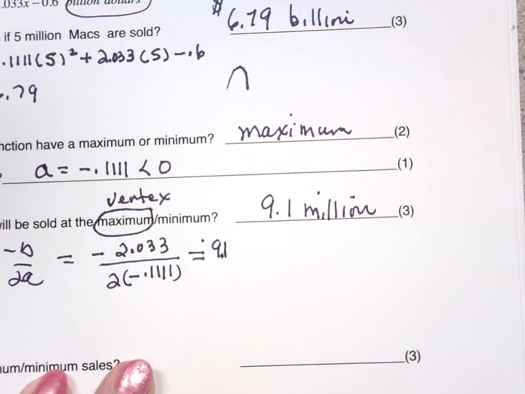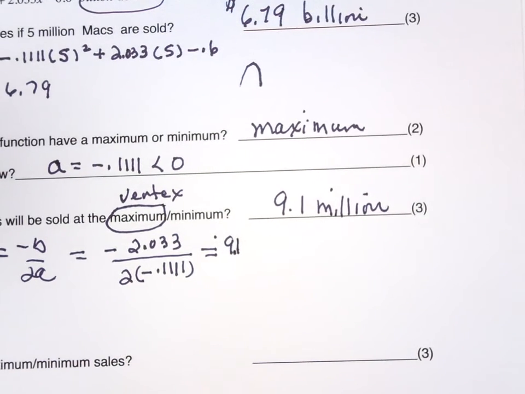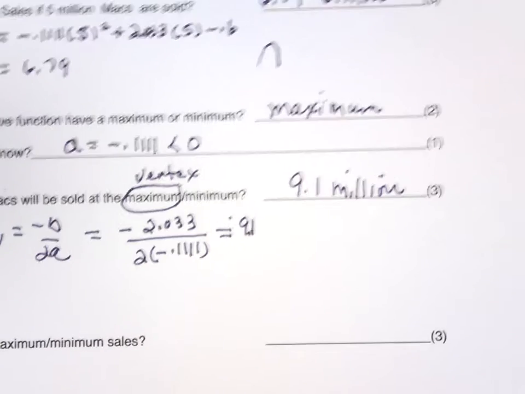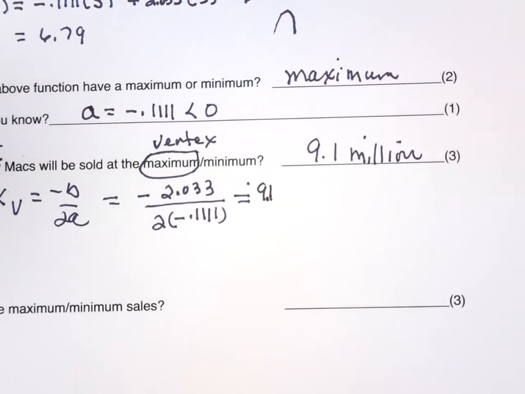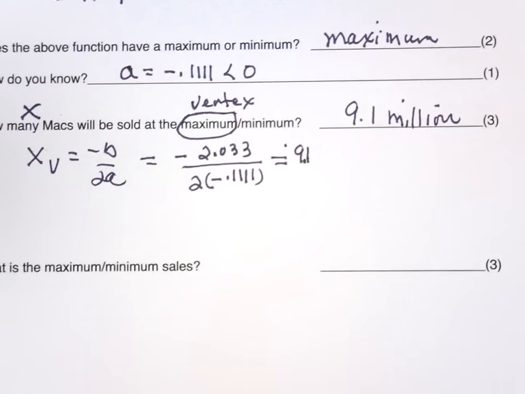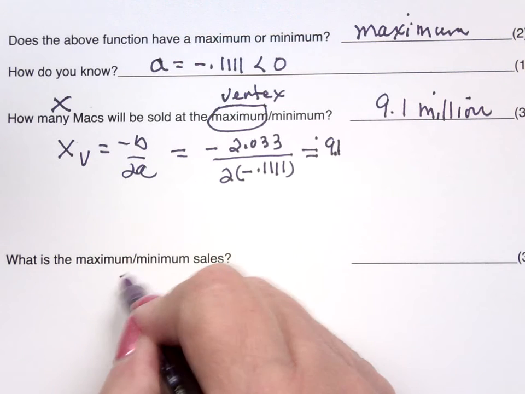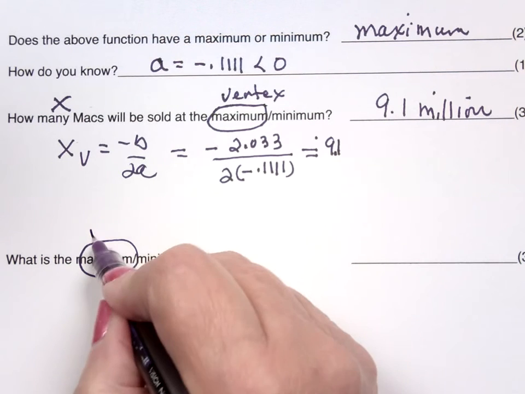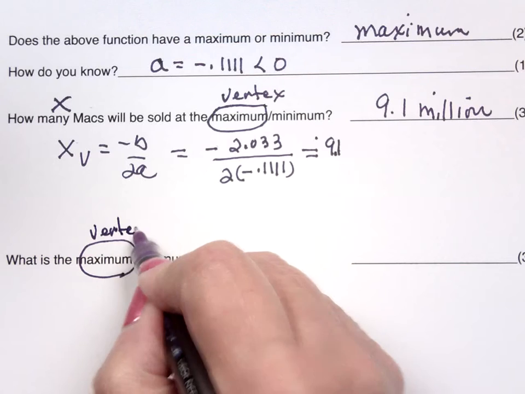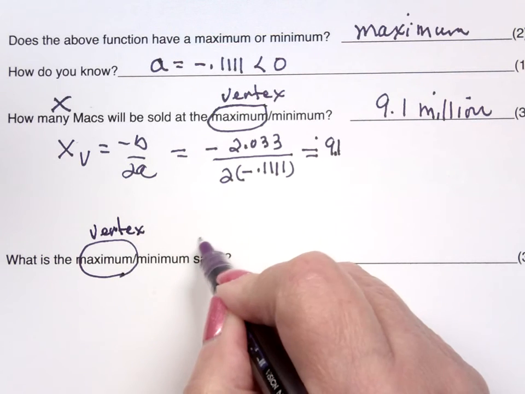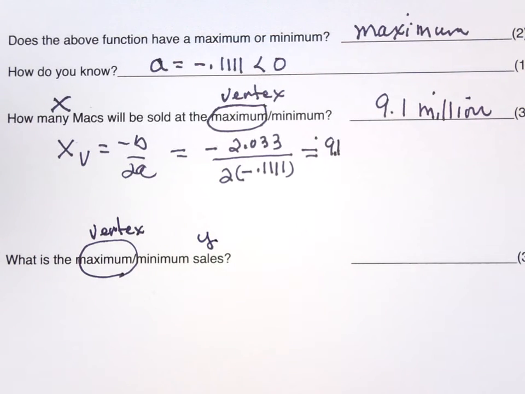Now, I don't know if that's good or not. Even though I am a Mac person, I've not kept track of that stuff. This is where your calculator can be quite helpful, because it asks for the maximum sales. Maximum means vertex, and sales is the y-coordinate of the vertex.